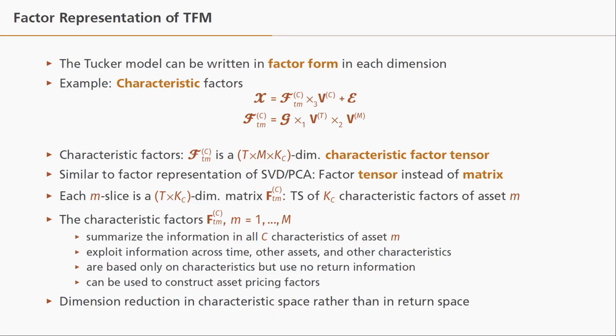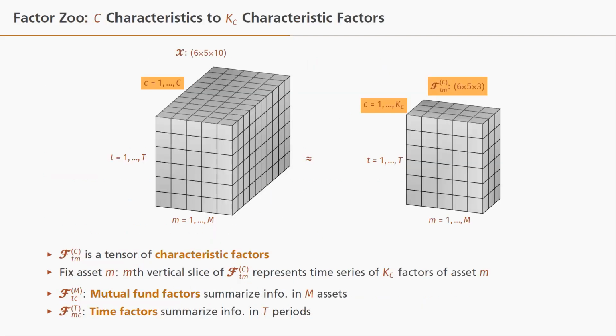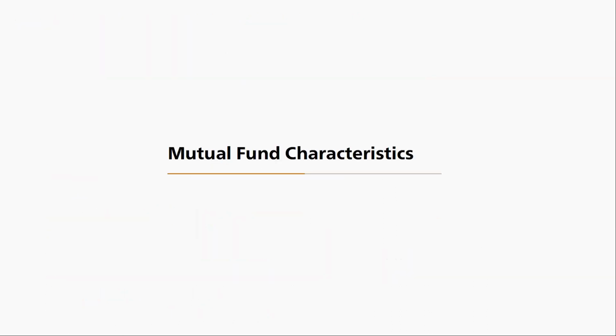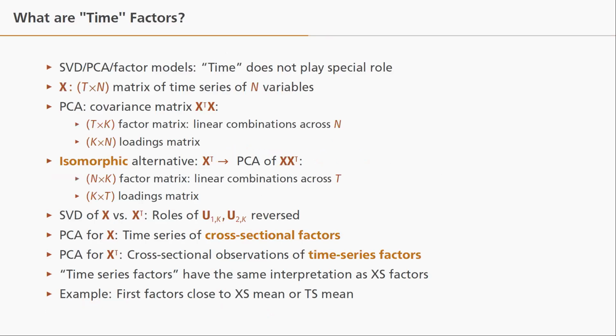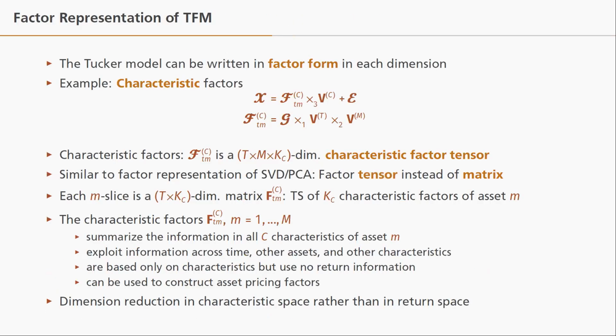Okay. So the intuition is, let's call this now a matrix. This is the matrix for each fund. So for each fund, this would be a T by KC matrix, right? So let's call this FTM.